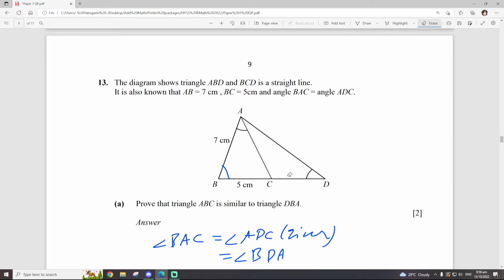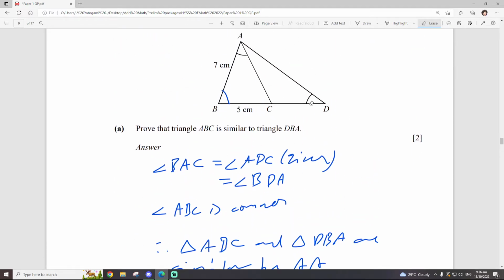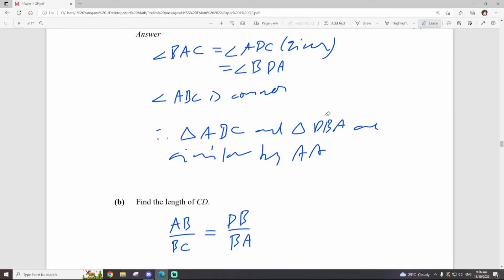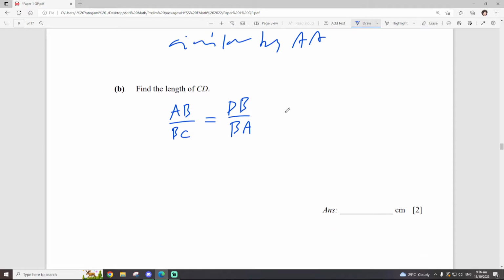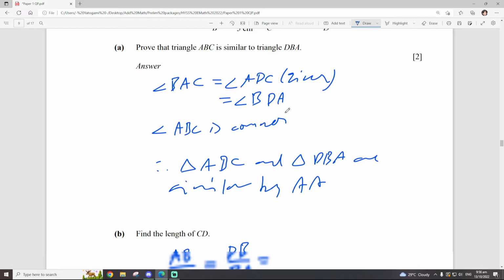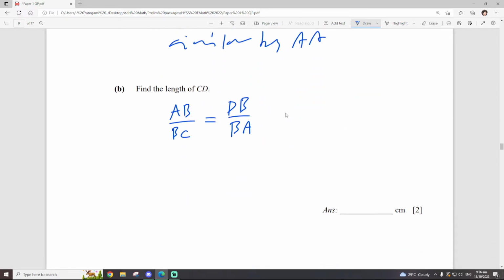and it turns out that CD is BD minus BC, right? So let's see. So AB is 7 and BC is 5, right? 7 over 5 equals DB over 7. So therefore DB equals 49 over 5.